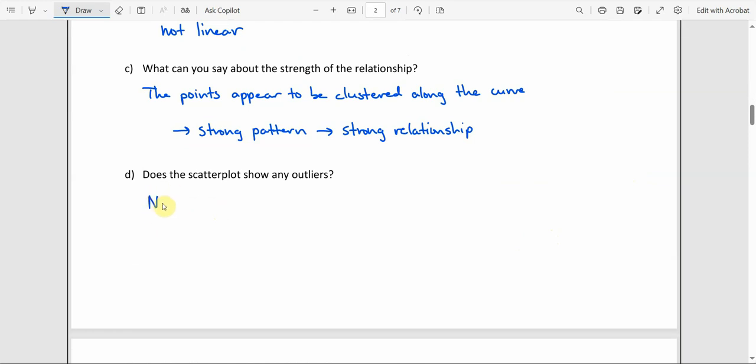We are saying no, that the 32 terabyte drive is positioned far away from the other points.